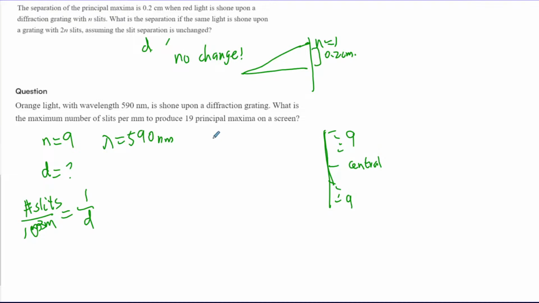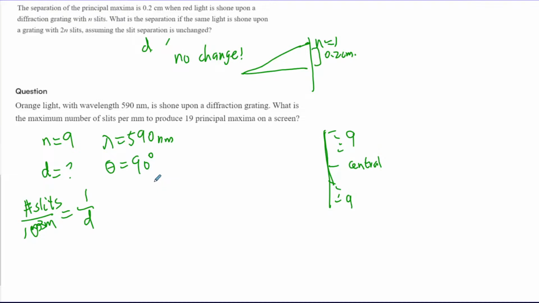So you have exactly 19, which means the largest possible distance, and the angle is actually equal to 90 degrees, because it ends exactly there. It's as wide as it can be.